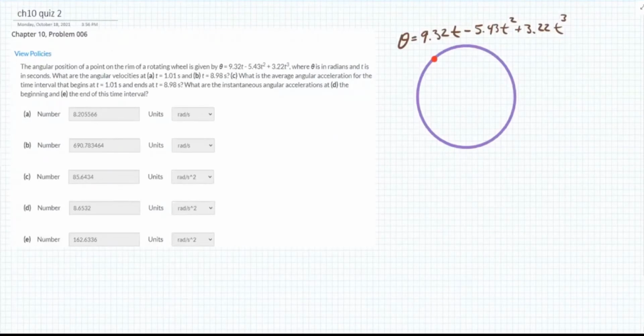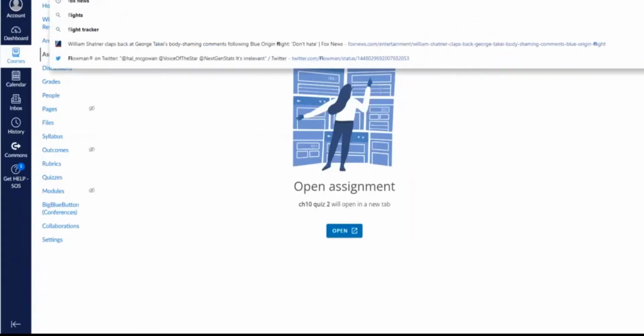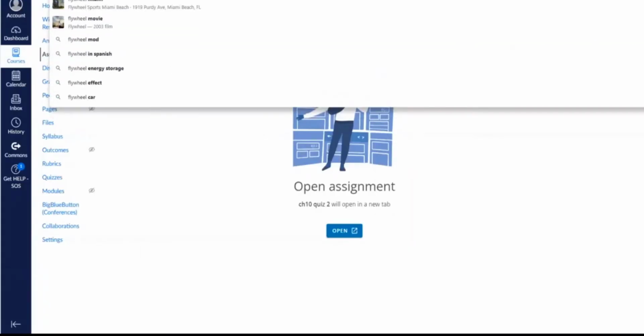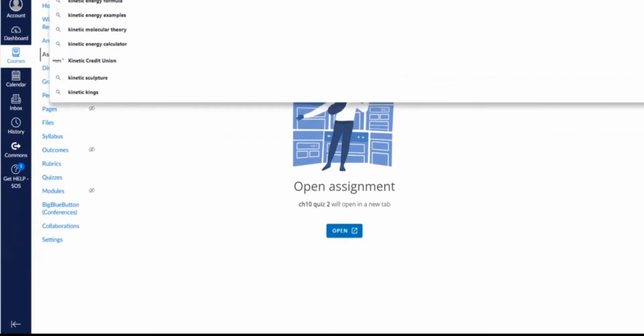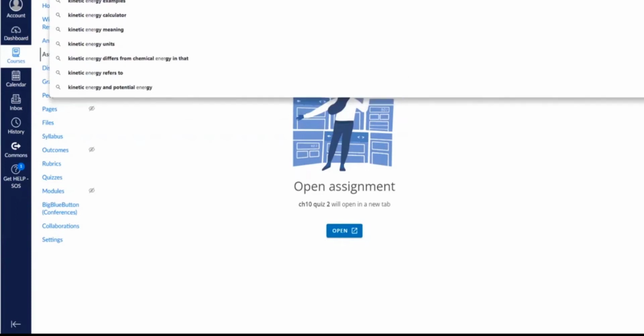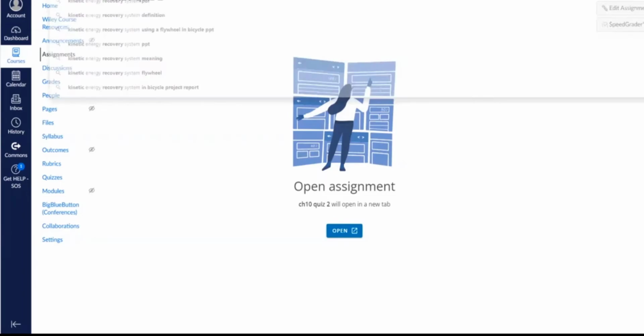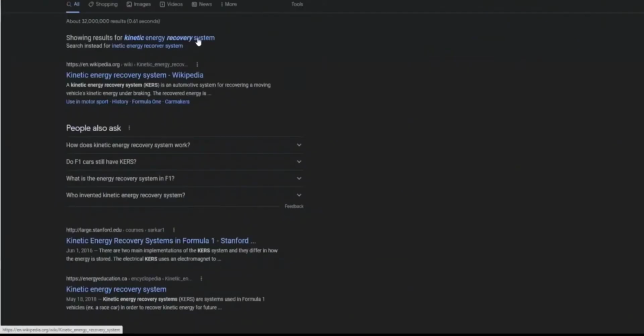It's another flywheel, and I keep using this flywheel analogy because flywheels are really interesting. They're really kind of at the forefront of a lot of modern applications. And maybe what I'll do, flywheel battery, or even better, there's something called a kinetic energy recovery system. Not the greatest spelling, but it worked.